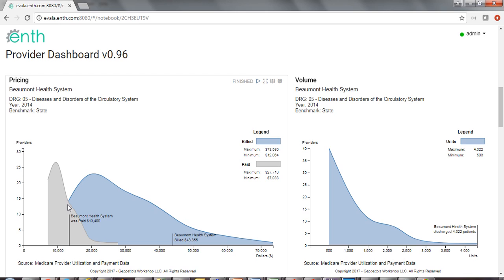And we have about 12, 13 hospitals or providers that were around that $13,000 range. So we get some idea with this chart of the pricing power for a particular provider. So in this case, obviously Beaumont's dominant on volume, patients seen, and they're pretty strong in pricing. They bill high, they get paid at a higher level than probably the typical provider in the state of Michigan.